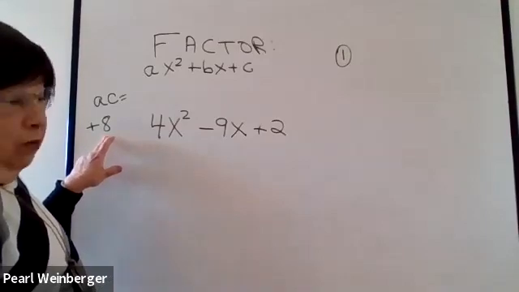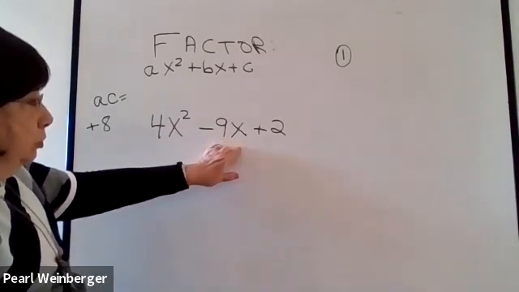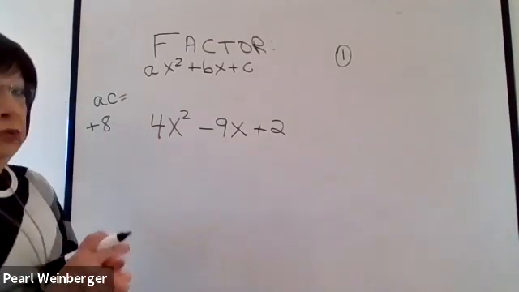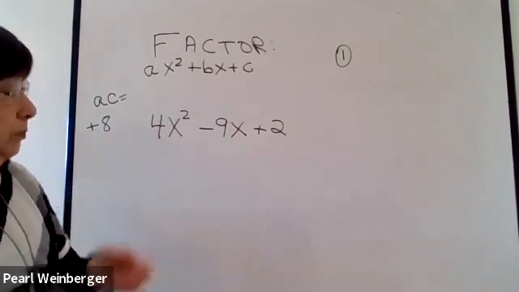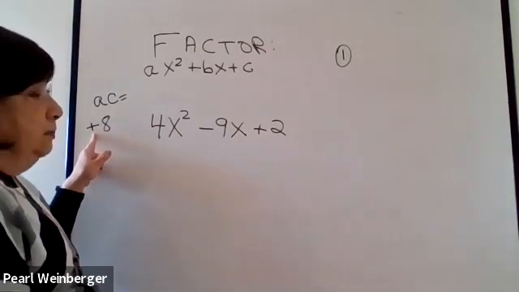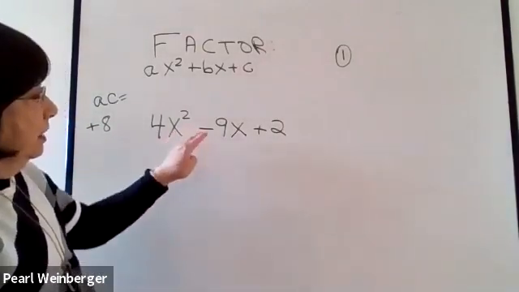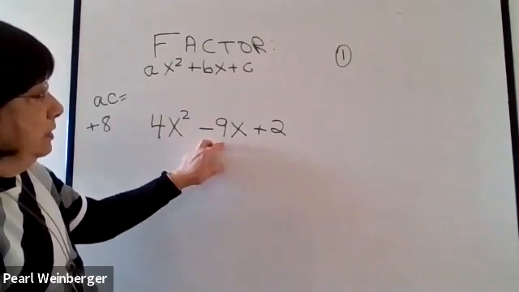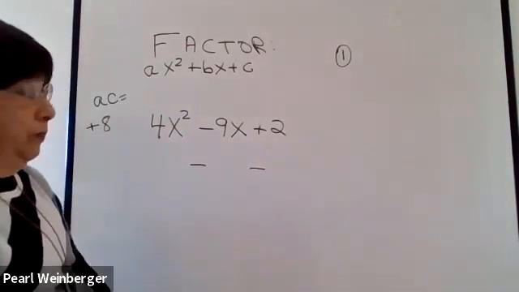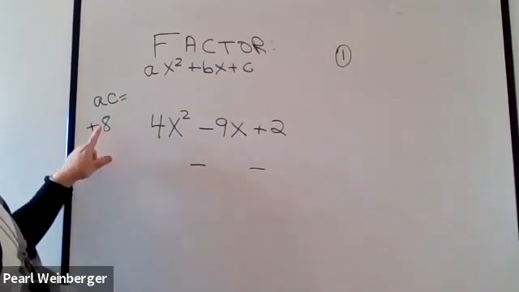So now, when I'm trying to break up this middle term, I go again to my signs. Since this AC is positive, I need both numbers to have the same sign. The middle sign being negative means both the numbers are going to have to be negative. And on top of it, they have to multiply to 8.